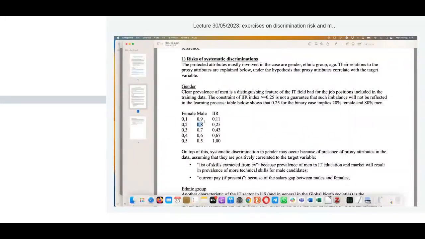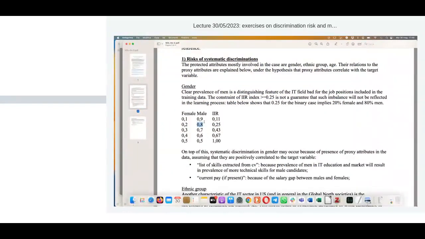So you have a potential risk. We are reasoning in probabilistic terms, in terms of risk, that recommendations will be skewed towards men because of the prevalence of men in the sector and because the criterion that was set is not enough.